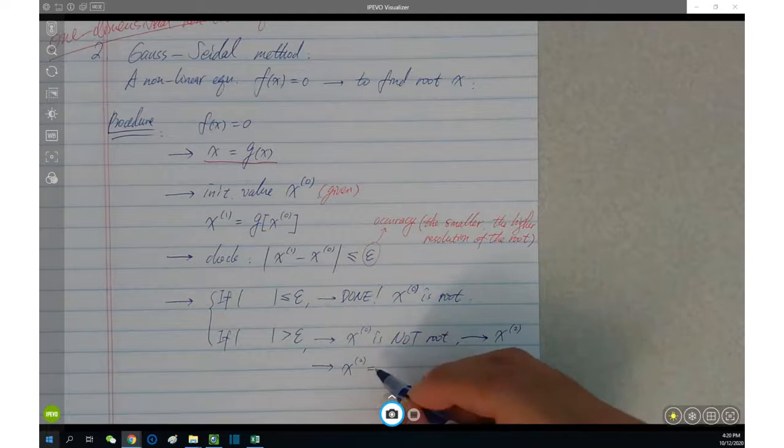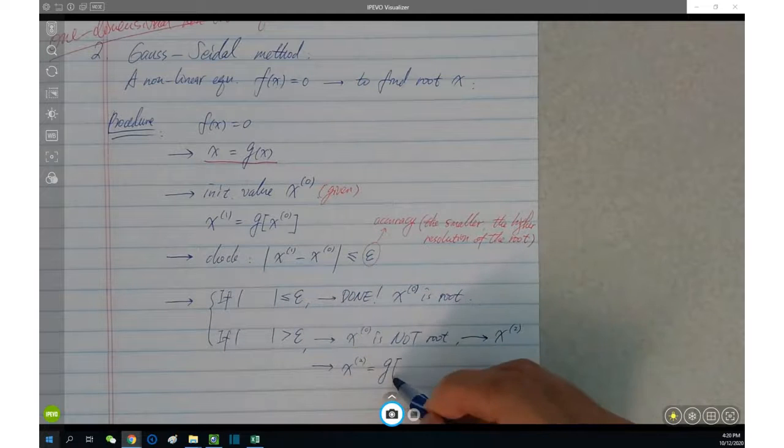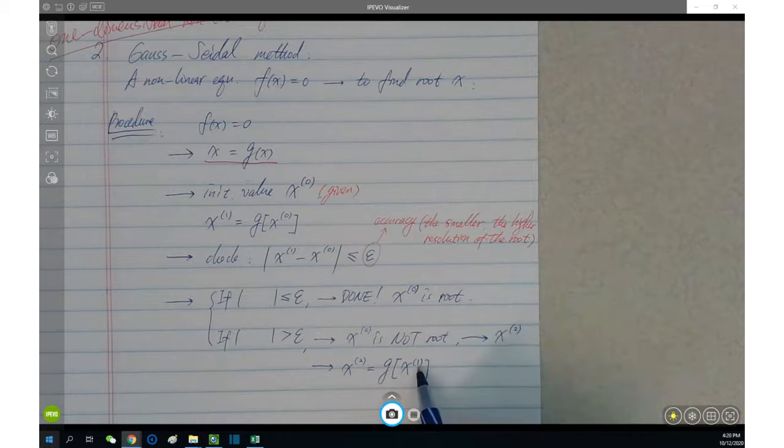Easy. Same as the first step. Substitute the first step iteration result into g of x. You get x of 2, the second iteration result. Does it make sense?